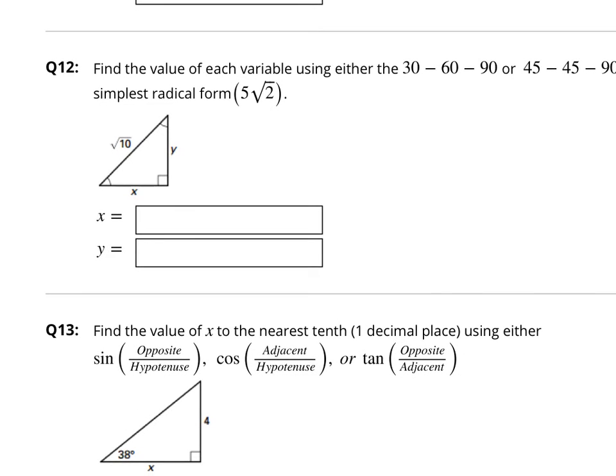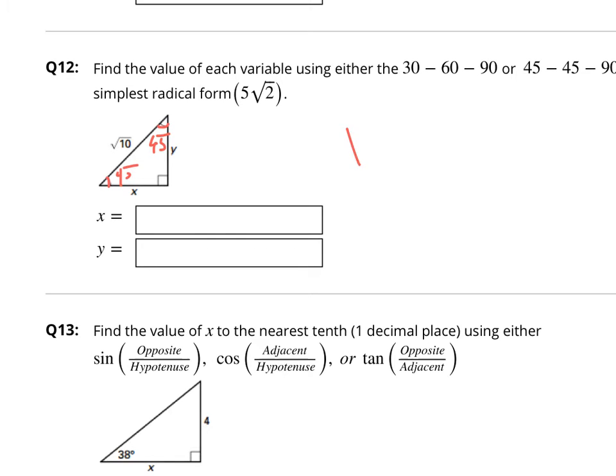In question 12, this is a 45, 45, 90 because these angles are the same. So these are both 45. Okay? So it means if the angles are the same, that means the sides are going to be the same. So again, to get the hypotenuse, you take the side times radical 2.